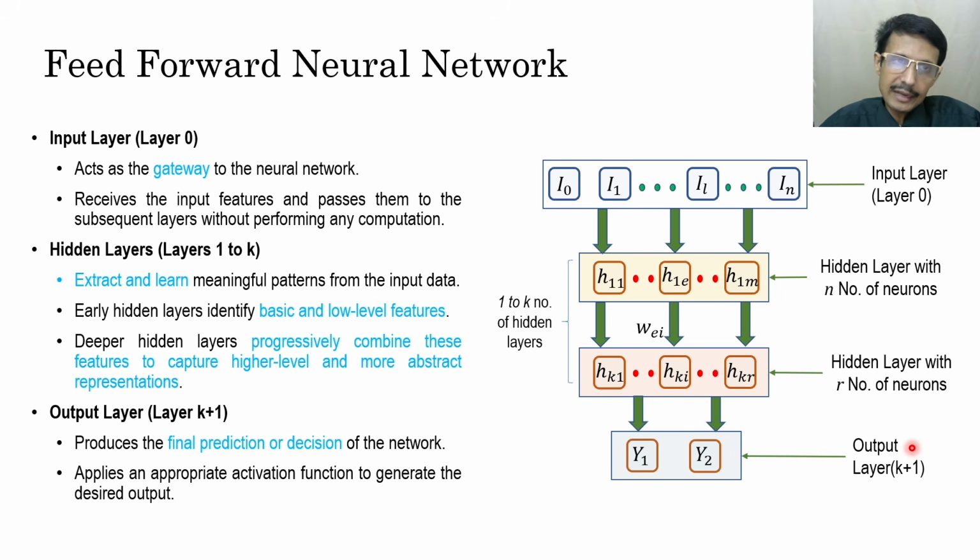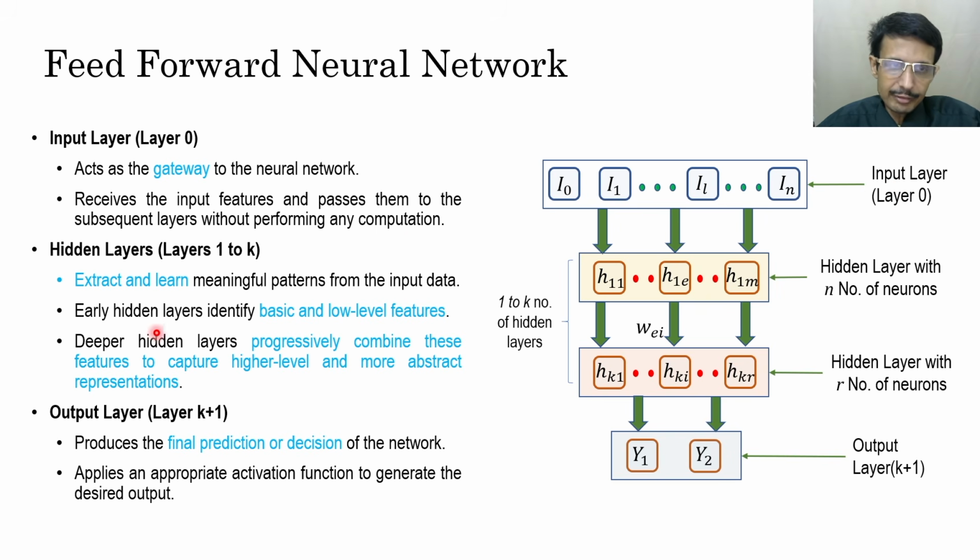The input layer basically acts like a gateway, where the inputs are coming. Its main functionality is to receive the input features and pass them to the subsequent layers without performing any computation.